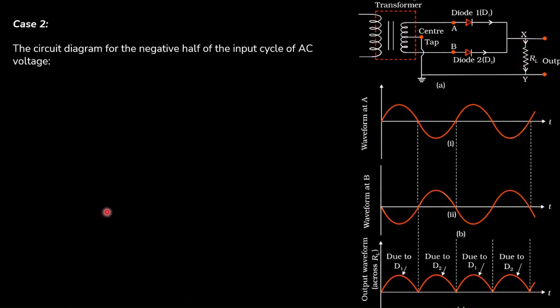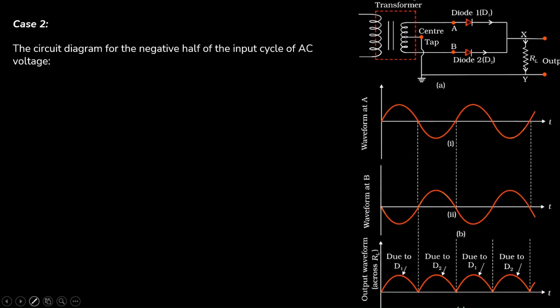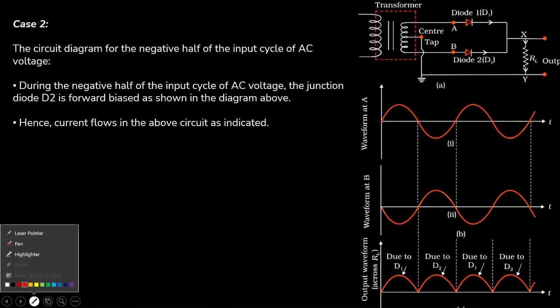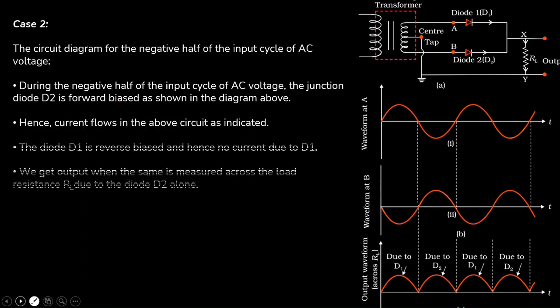Now case 2, the circuit diagram for a negative half cycle. When the negative half cycle is fed to the full wave rectifier, diode D2 is forward biased, hence there is a current in the circuit. Now what happens to D1? D1 is in reverse bias and there is no current through the PN junction diode D1.